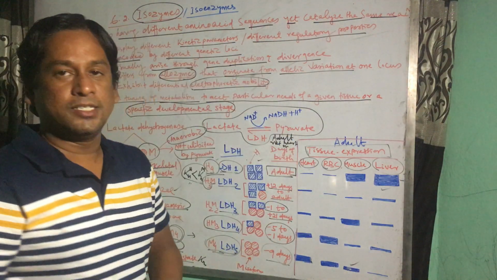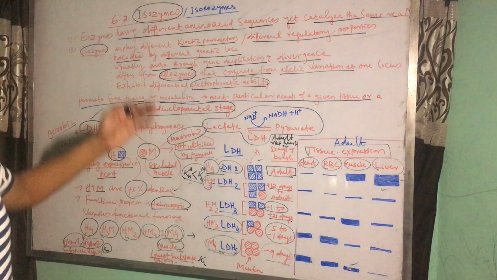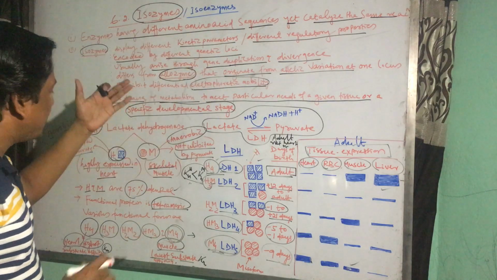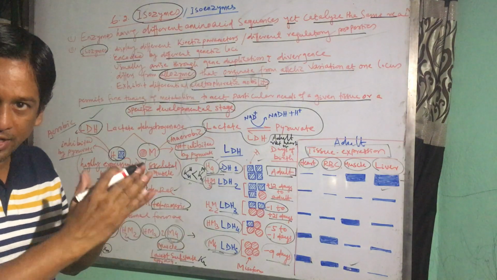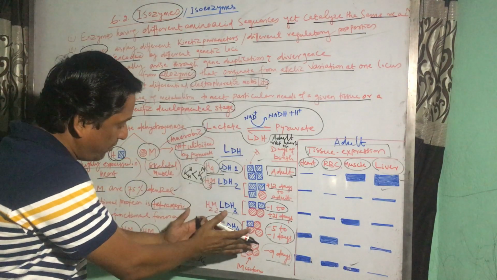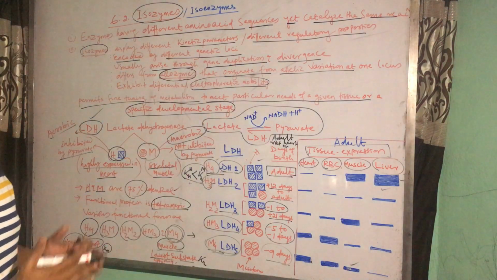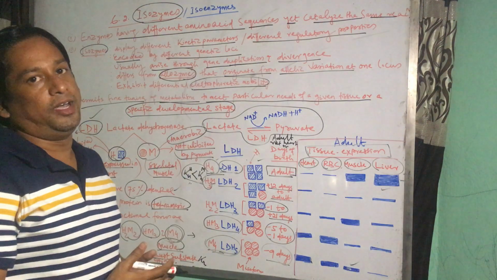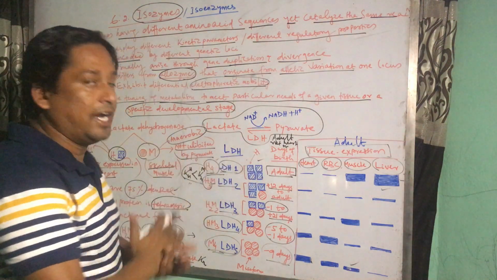So in a nutshell, the expression of these isoenzymes in different tissues of the same organism, or at different developmental stages of one organism, helps them survive different rates of metabolism.